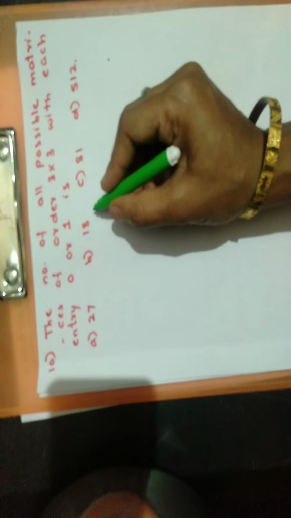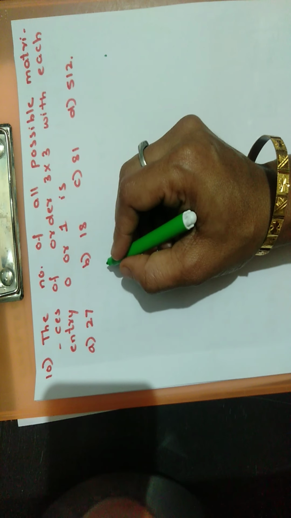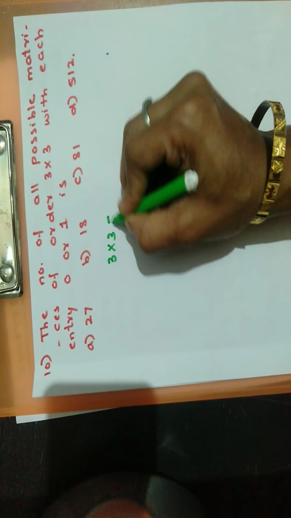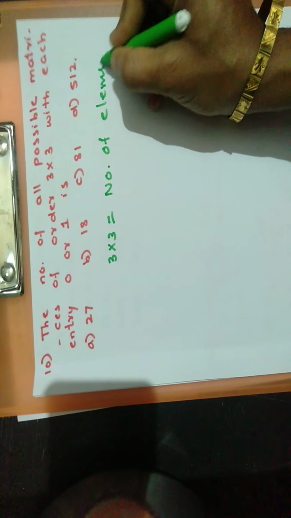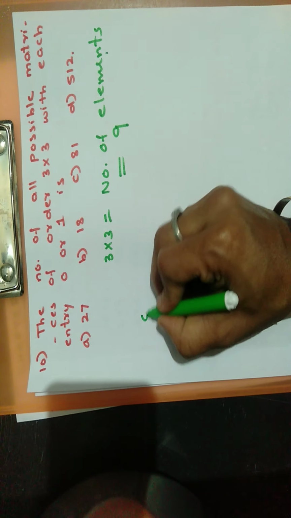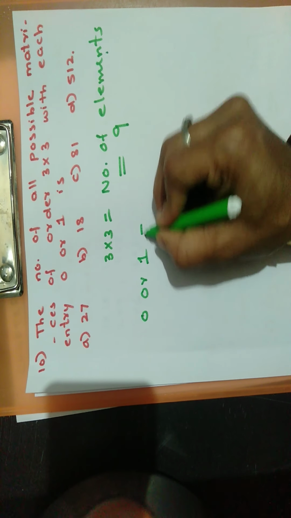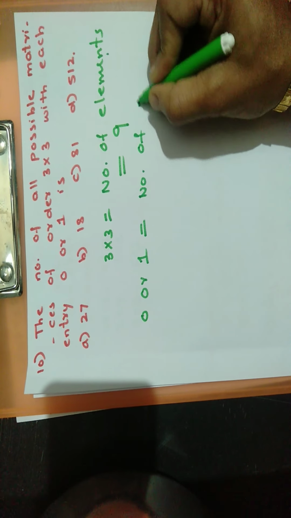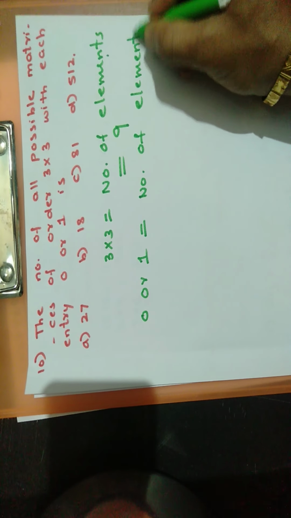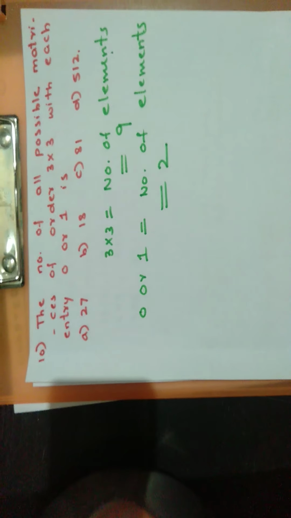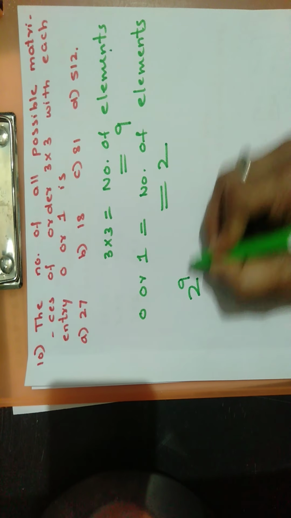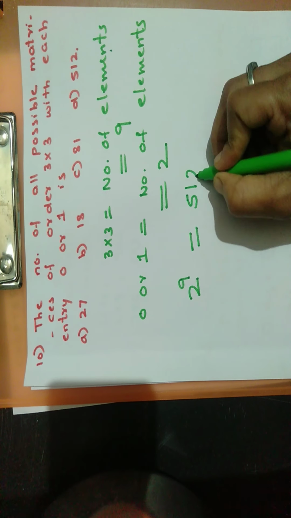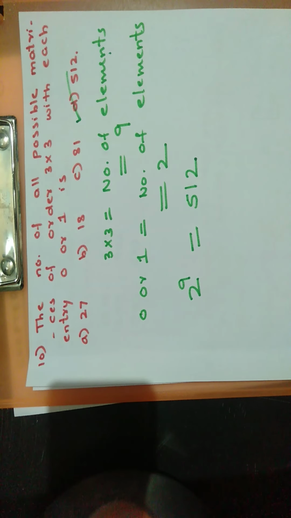The number of elements in a 3 cross 3 matrix is 9. Each element can be 0 or 1, so 2 choices. The number of all possible matrices is 2 raised to 9, which is 512. So here it is option D.